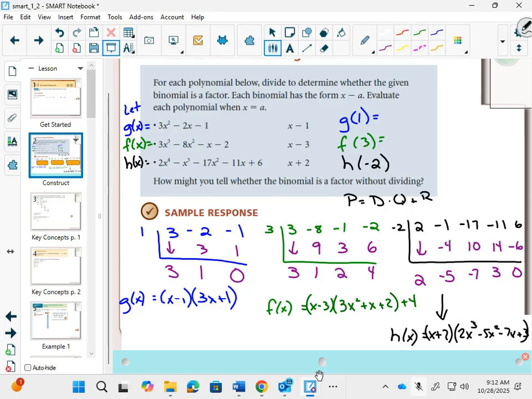So I want you to calculate what h of negative 2 is. So that's this next part where it says here, evaluate each polynomial when x is equal to a. So it's just a matter of plugging those numbers in.